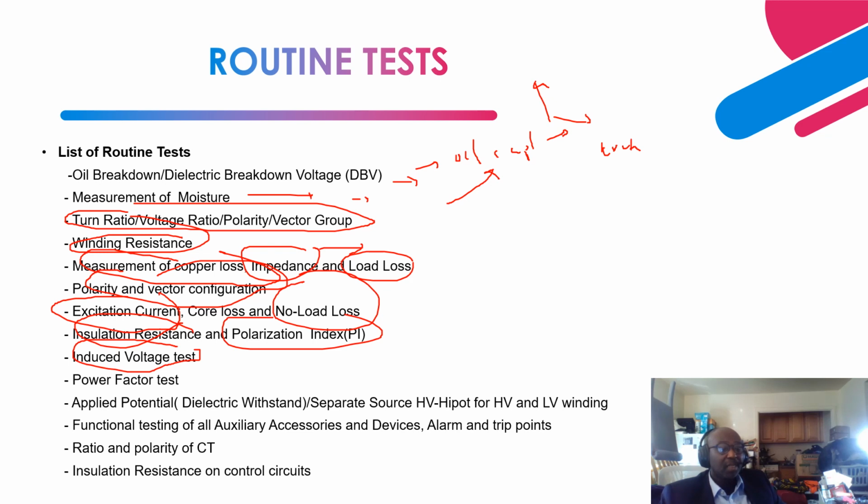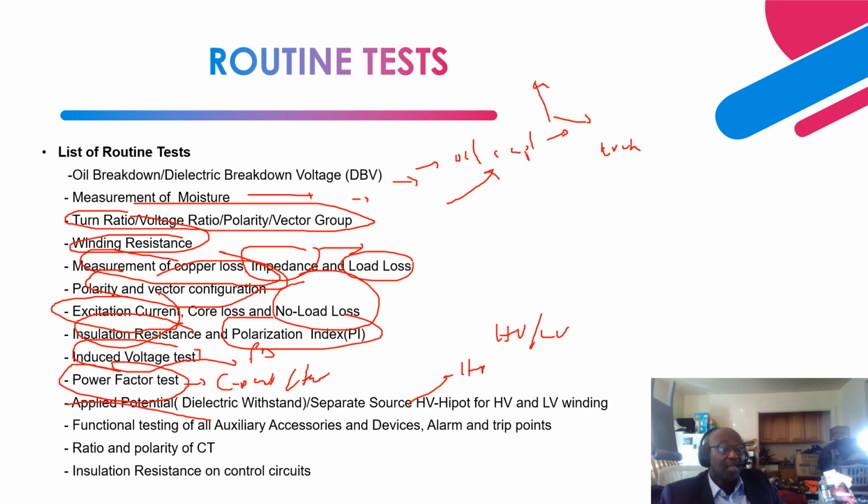Okay. Then where PD activity is performed. Then power factor testing, where capacitance and tan delta are measured, right? Okay, high pot test, with a separate high pot test for the high voltage side and the low voltage side.